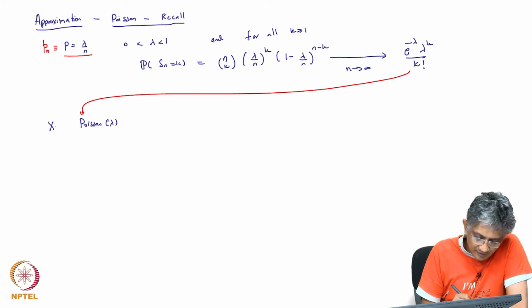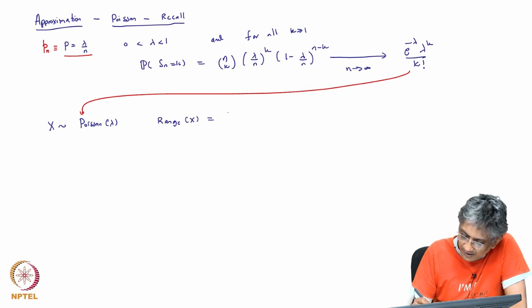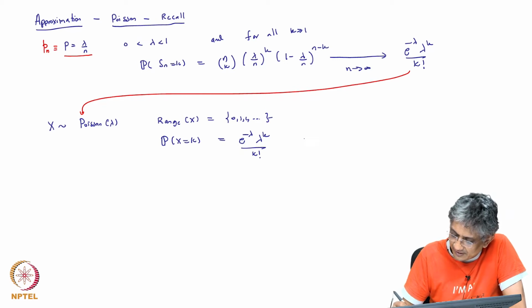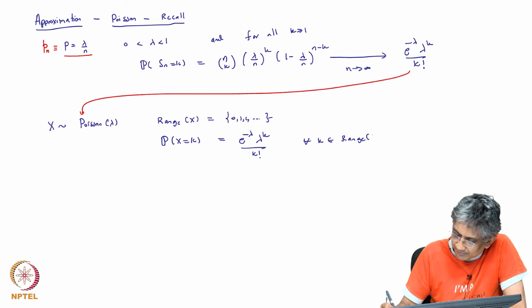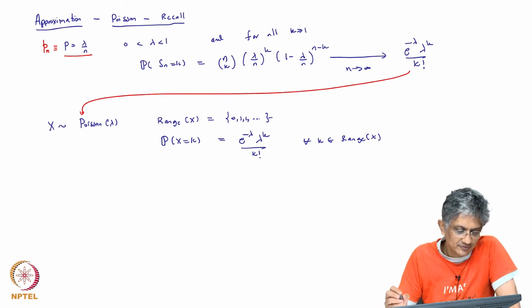So we said X follows Poisson lambda if the range of X is 0, 1, 2, 3, and so on, and the chance that X equals k is e to the minus lambda, lambda to the power k by k factorial for all k in the range of X. And you were able to verify that this was a genuine distribution. Very nice.